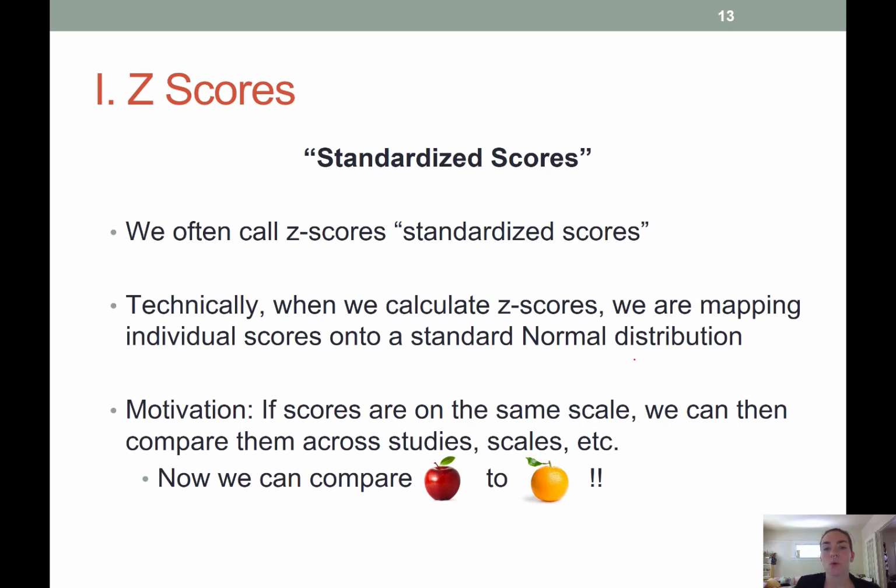We often call z-scores standardized scores, and that's because when we calculate z-scores, we're taking a raw score in whatever units it originally existed in, and we're transforming it into a z-score that's in units of standard deviations. And because all z-scores are in units of standard deviations, we can compare apples to oranges, right? So if apples exist on the apple scale and oranges exist on the orange scale, but we transform those both to standard deviation scale, then we can directly compare them.